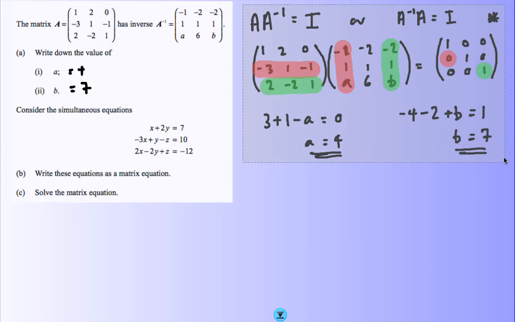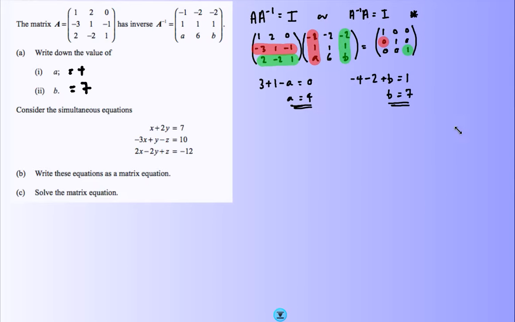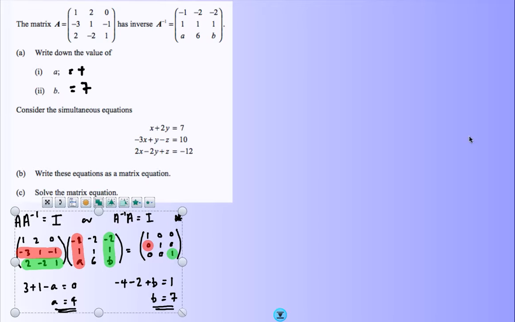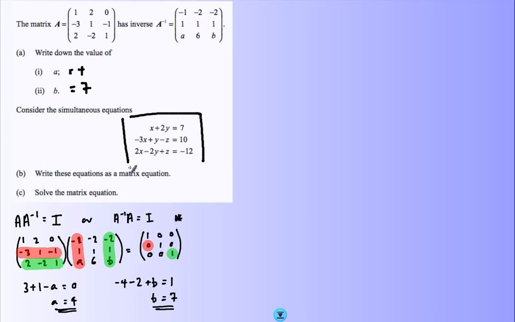The important principle of matrices multiplying by the inverse to give the identity. First point. Second one, what have we got? We've got this, and we've got to convert it to a matrix. It's going to look something like this.